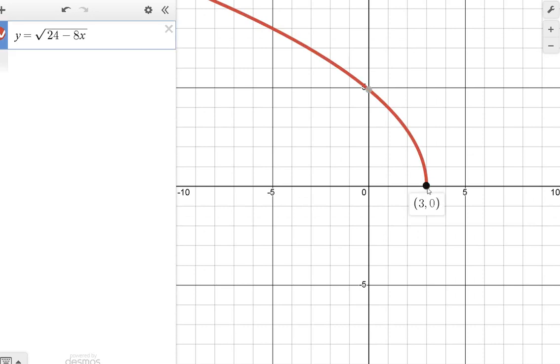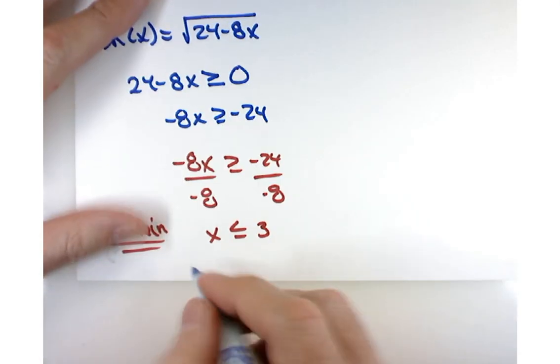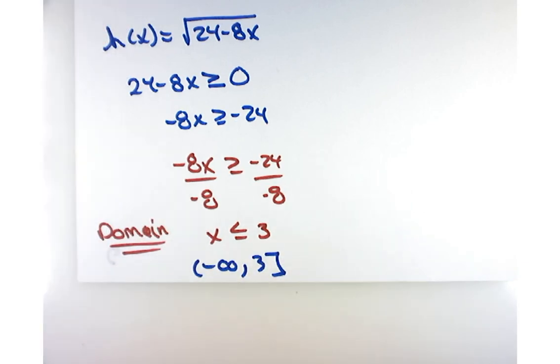Where's your graph start? It starts at 3 and goes to the left. That's exactly what our domain is. It's negative infinity to 3 with a bracket there, because you're including the 3. You can take the square root when you plug a 3 into this function. Beautiful.